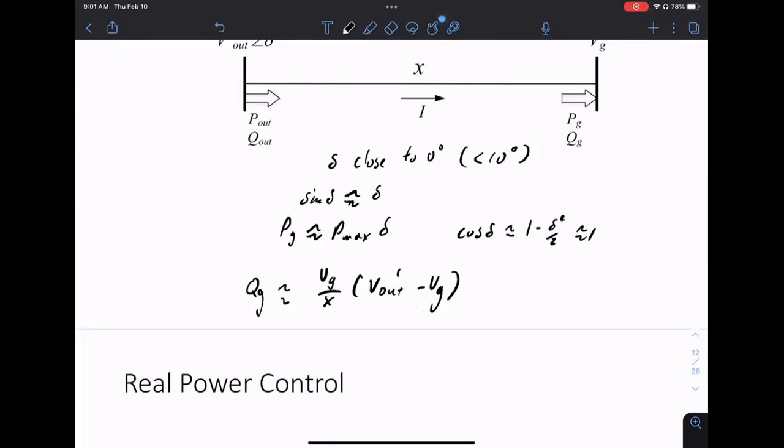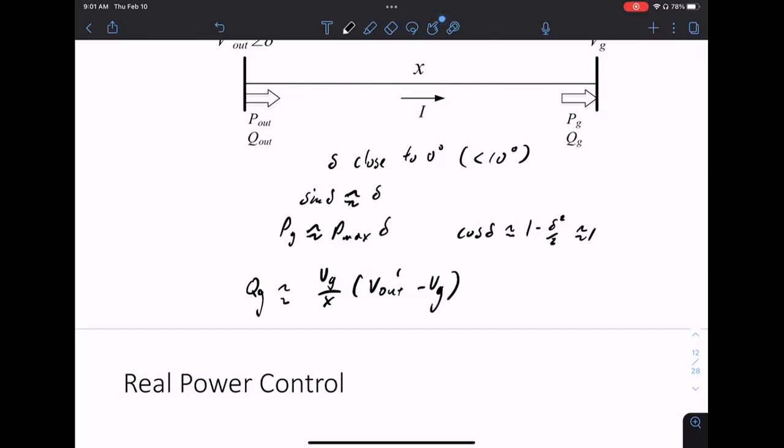So what this equation says is that at an approximate level, the reactive power flow and active power flow are decoupled. Active power flow is controlled by the angle. For reactive power flow, there's no angle. The angle completely disappears from this equation because of this approximation we make. That's why in practice, you can often just think about active power flow as adjusting the angles.